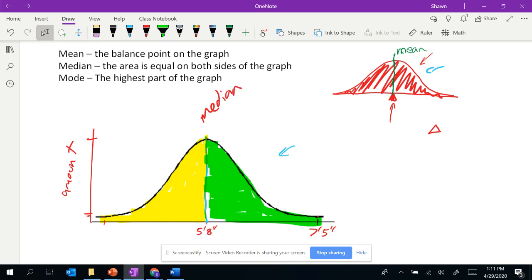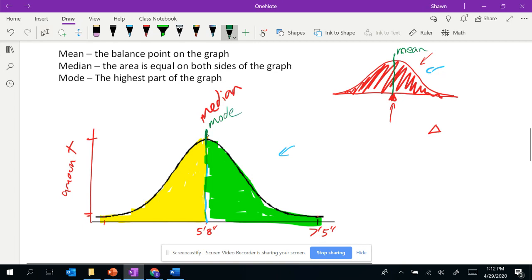Now you're probably looking at this already and saying, hey, the mean and the median are exactly the same. And we're going to talk about that in a second. Now the mode is the highest part of the graph. And as you can clearly see, the highest part of the graph is right there. So that would also be called the mode.